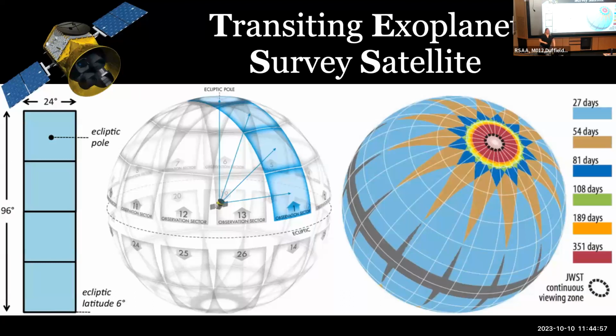TESS is observing for 27 days at a time, and then it shifts the sector and continues observing. Where these sectors overlap, you get long continuous light curves. It does so by switching back and forth between the hemispheres that it's observing. And now we're actually getting several years of observations for the same stars as well, but with some gaps in them.